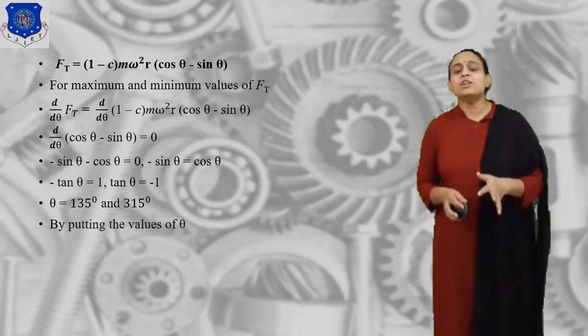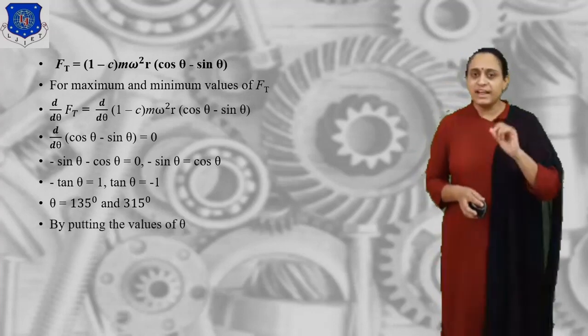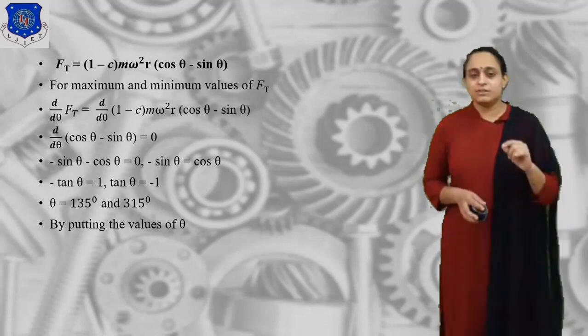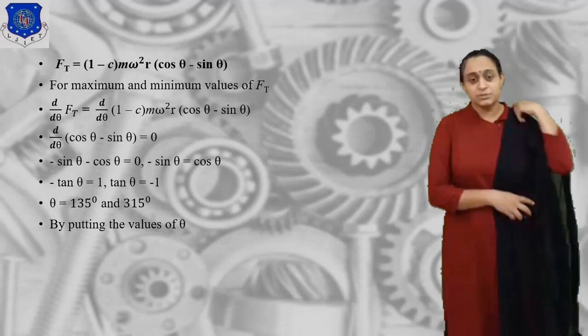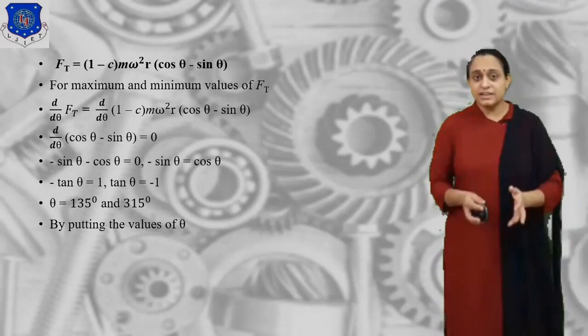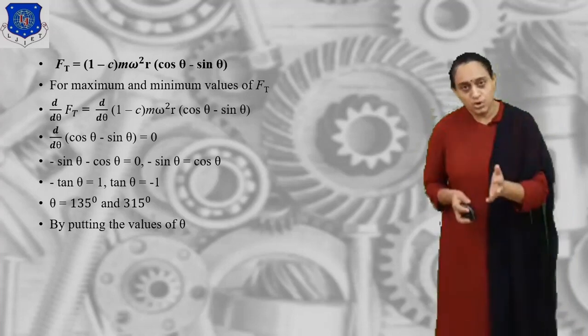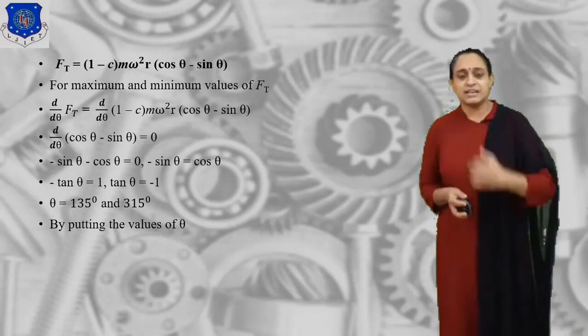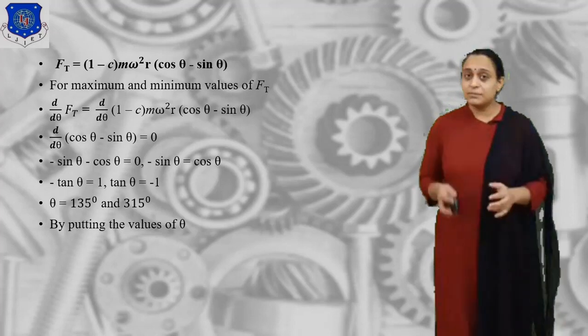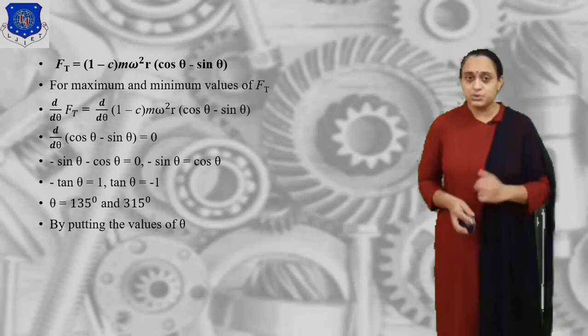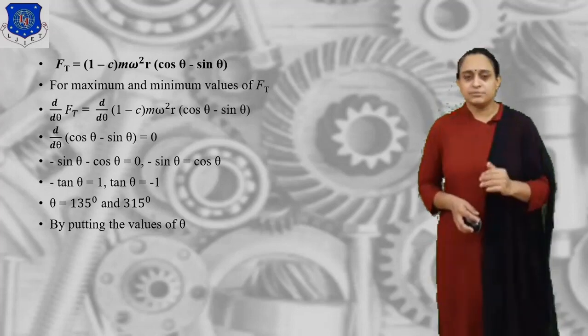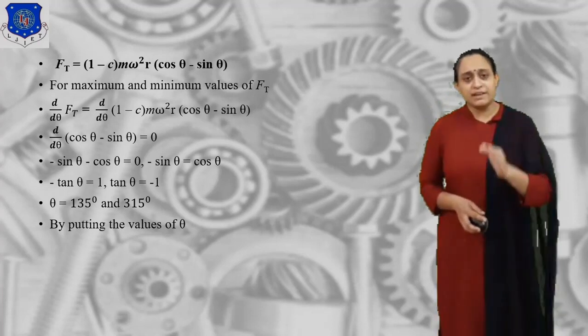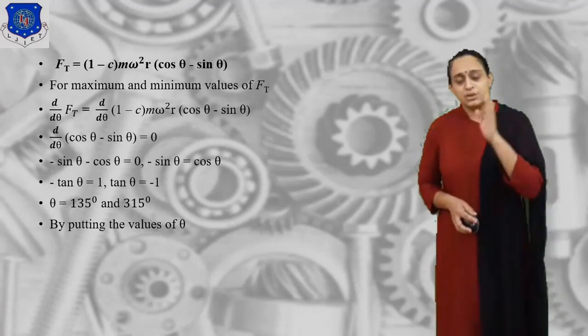Now, by putting the value of theta, first of all, we have to put theta as 315 in our FT equation. What we will get is cos 135 minus sin 135, and it is 1 by root 2. In the next equation, we again put theta as 315.